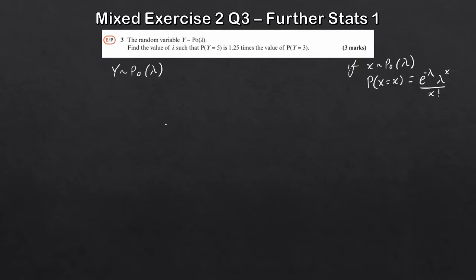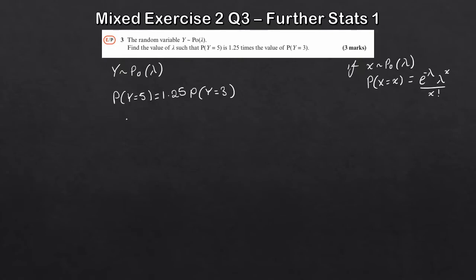So we can use this information now. What we know is that the probability of y equals 5 is 1.25 times the probability that y equals 3. So in other words, if I write this down in mathematical notation, the probability that y equals 5 is equal to 1.25 times the probability that y is equal to 3. Okay. So let's change this now into the notation here.